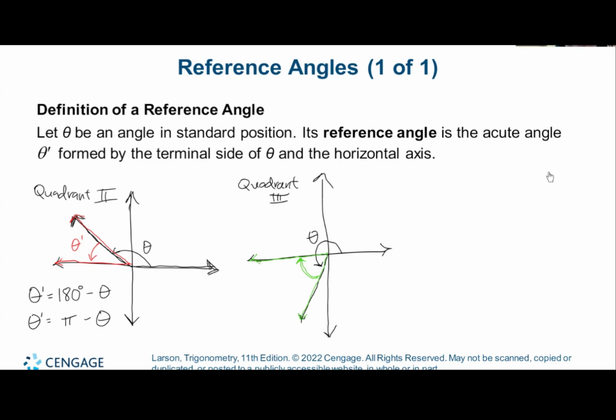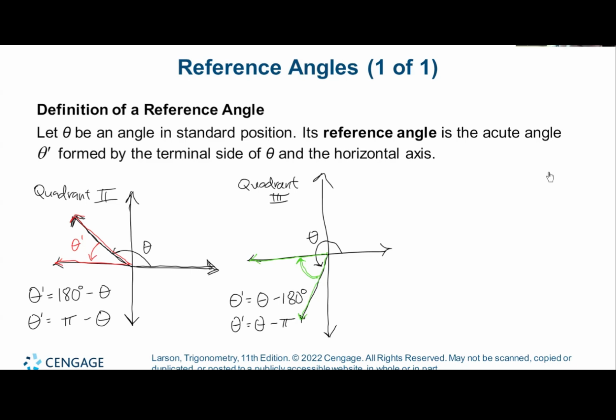To figure out how much that is, especially in degrees, you can just count back to 180. But what you would be doing is taking the angle and subtracting 180 if you're in quadrant 3, or taking the angle and subtracting pi. That'll give you the reference angle.